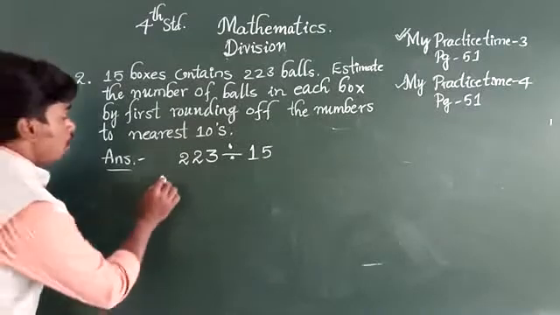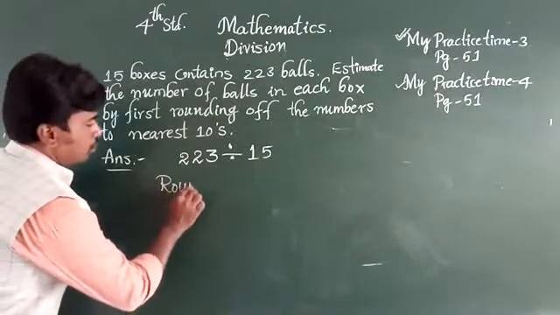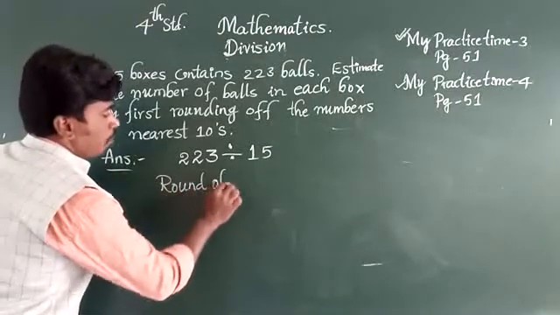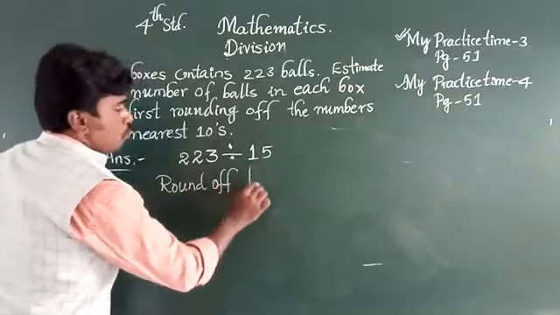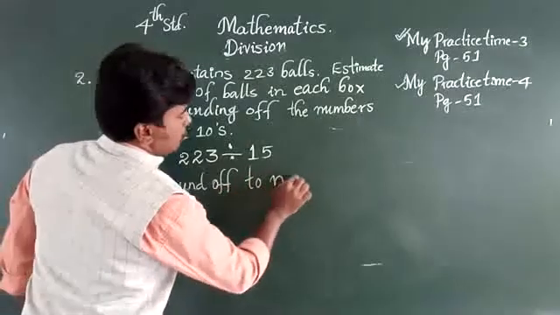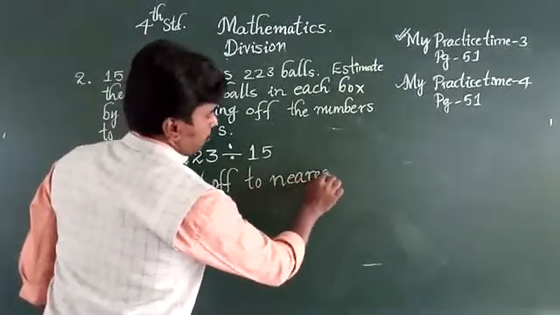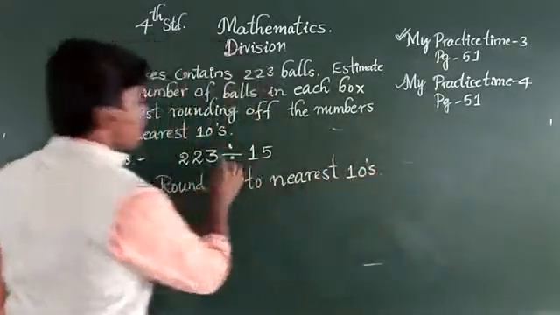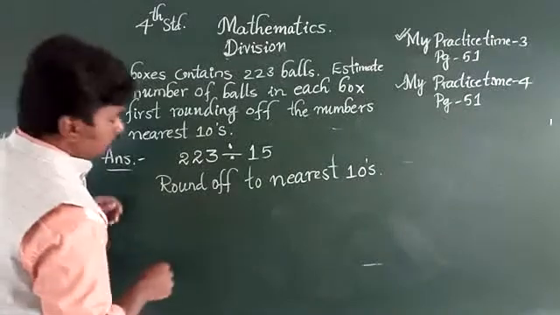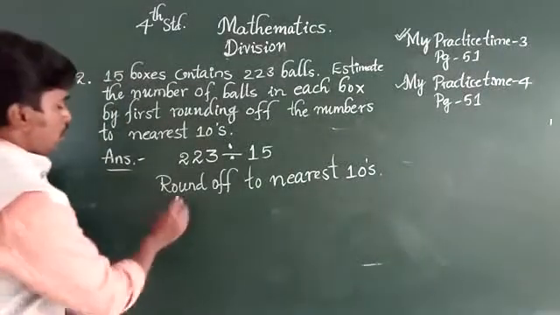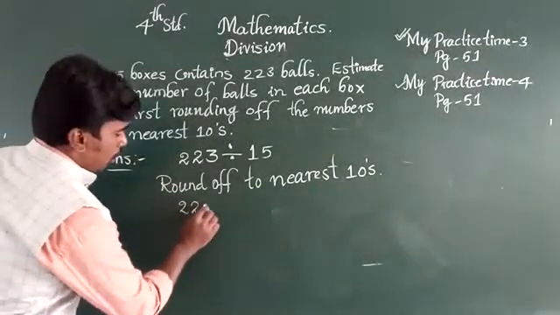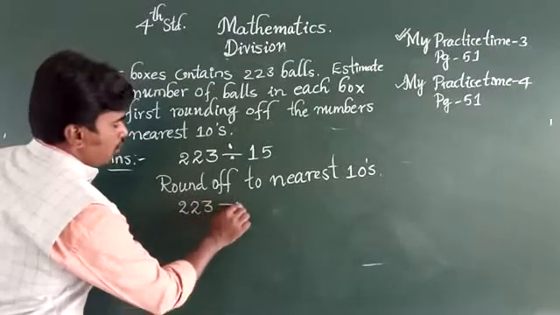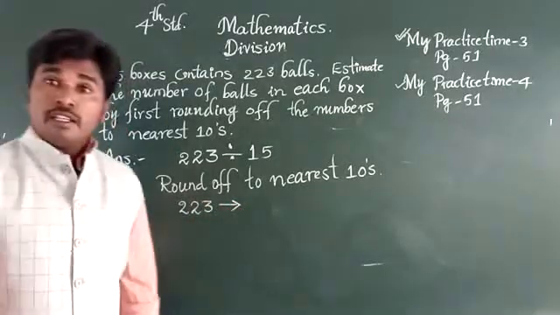So round off to nearest tens. Both the numbers you take and estimate to nearest 10. So 223. What is the nearest 10 value?